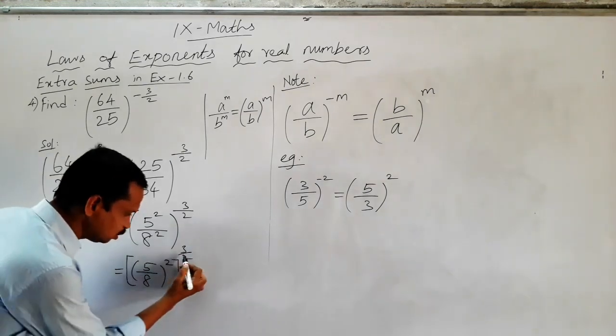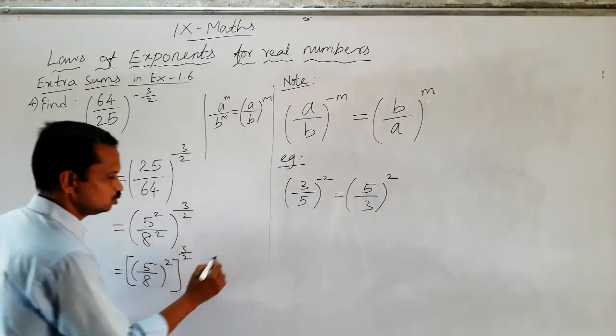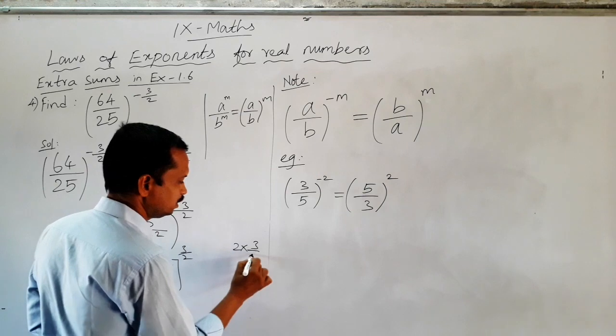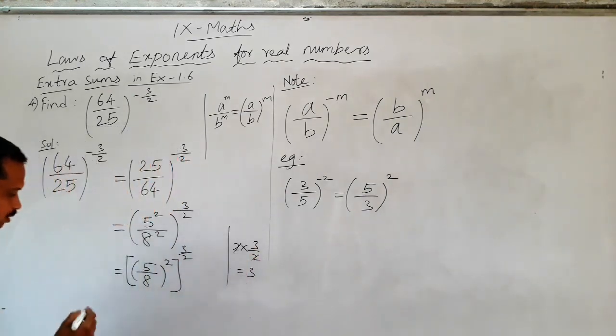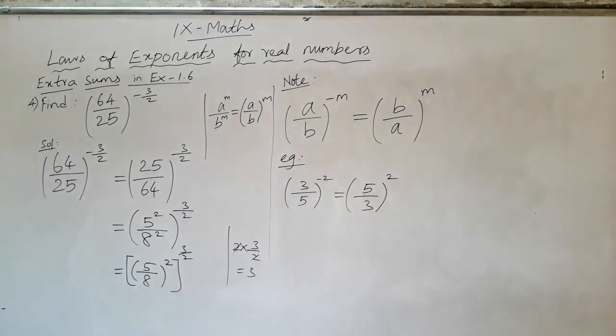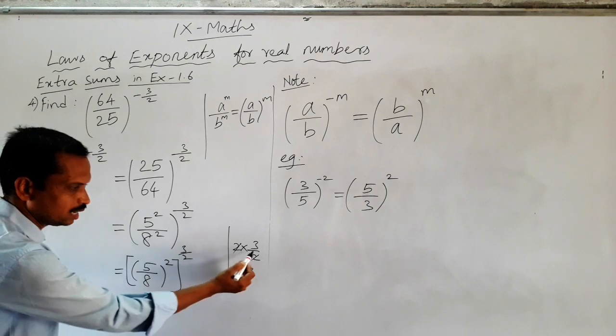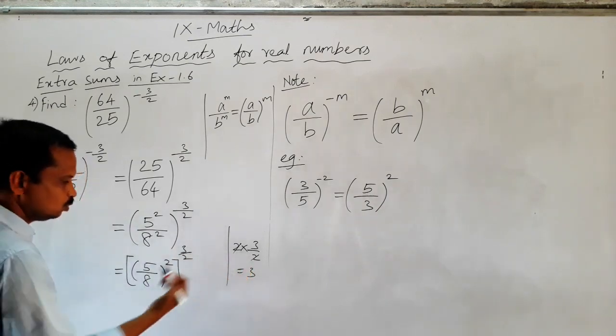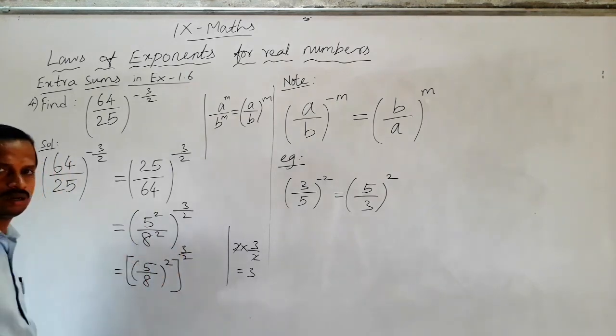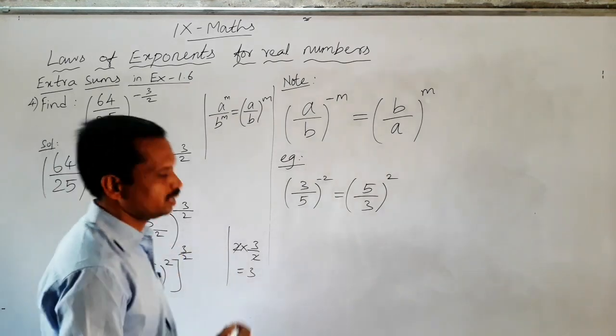Now power into power, so 2 into 3 by 2. What happens? The 2s cancel, we get 3. Alright? So here we can cancel this 2 and 2. I have explained this clearly here. So 2 into 3 by 2, you will get 3 only. So 5 by 8 whole cube. Just I am writing here.